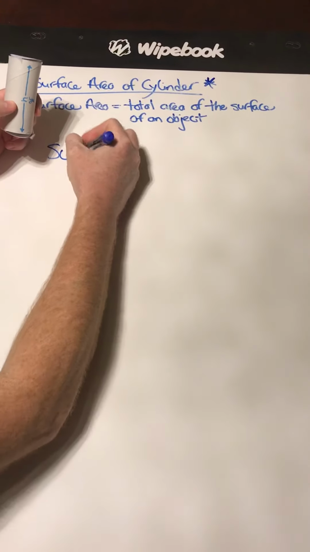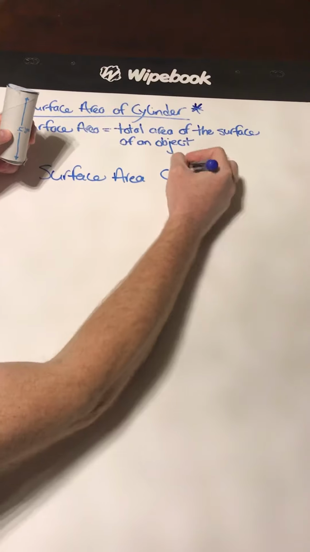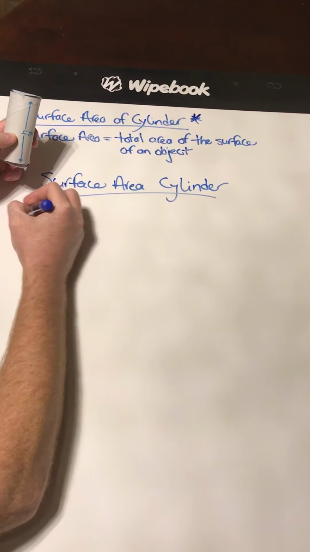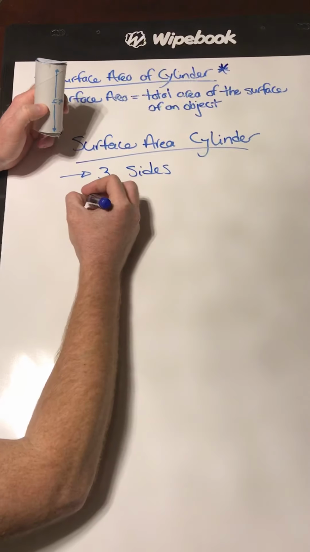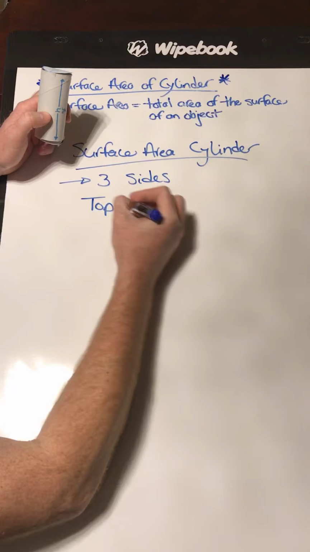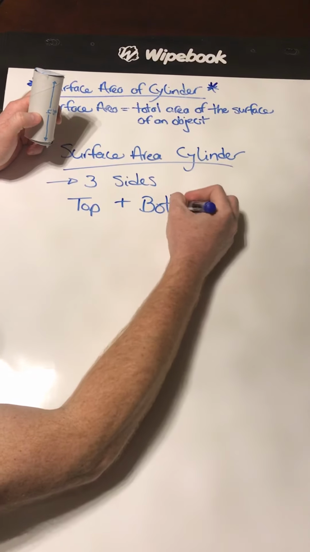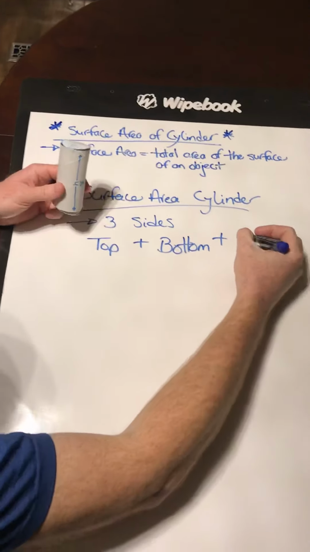So the surface area of a cylinder, we have 3 sides. We have a top, we have a bottom, and we have this curved side right here.